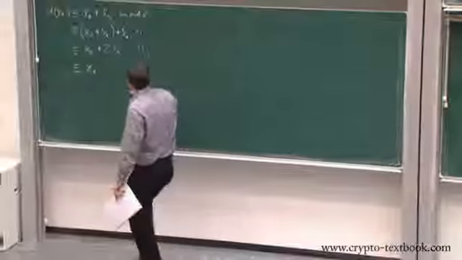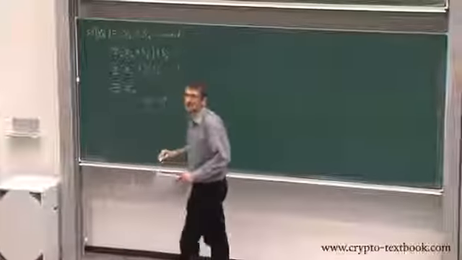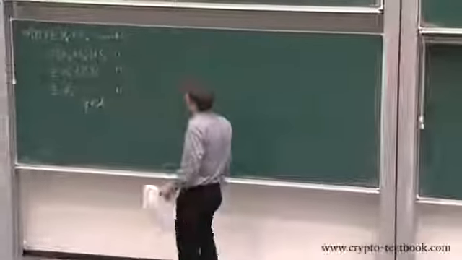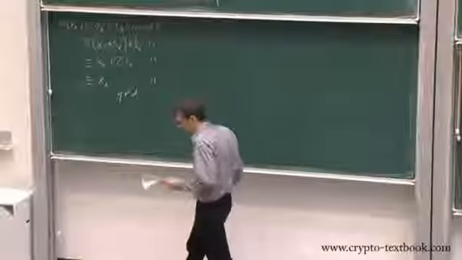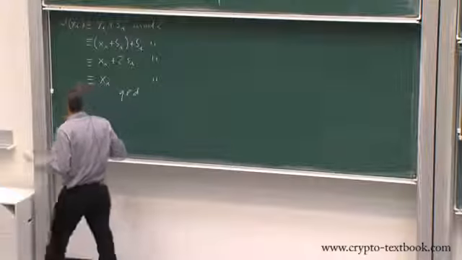So that's QED here. It's the end of the proof. That means encryption and decryption are the same operation. And maybe let's write that down, because this is a very important thing to know in cryptography.